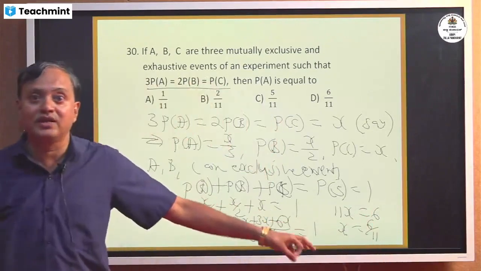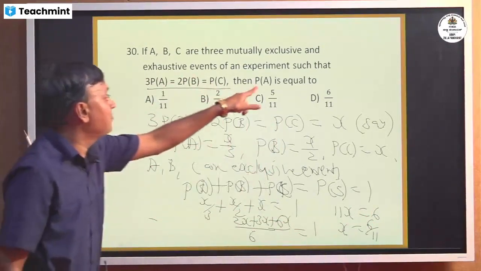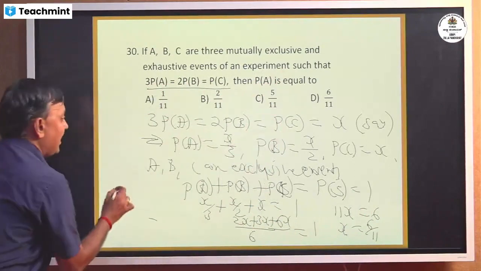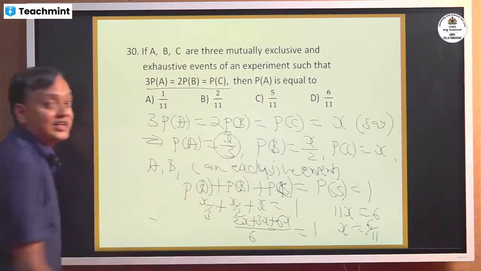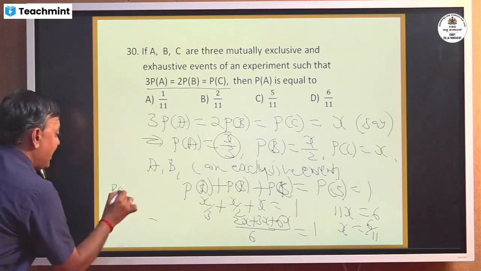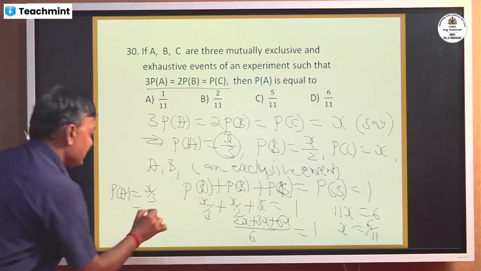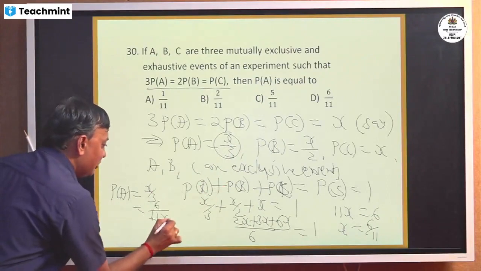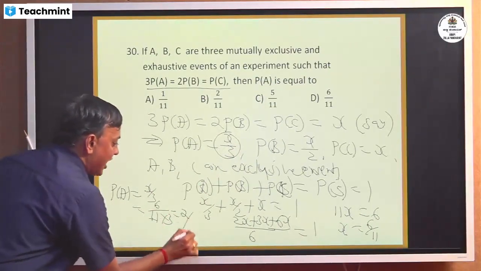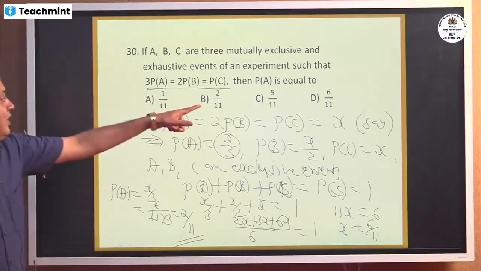This is not the final answer, because we want P of A. What is P of A? P of A is X by 3. So P of A is equal to X by 3, and X is 6 by 11, divided by 3. 6 by 3 is 2. So the answer is 2 by 11. Correct? Don't just tick 6 by 11.